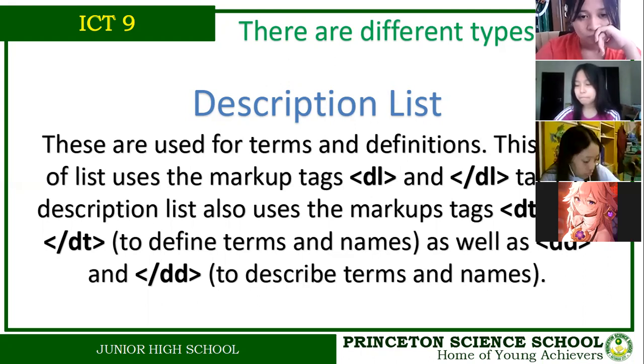You're listing down subjects, and then right below them, you're also putting their definition. Like for example, math. You use the DT for math, and then below you use the DD, which is the definition of the math.